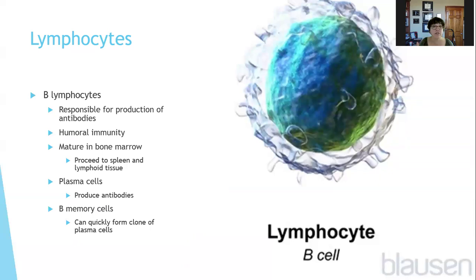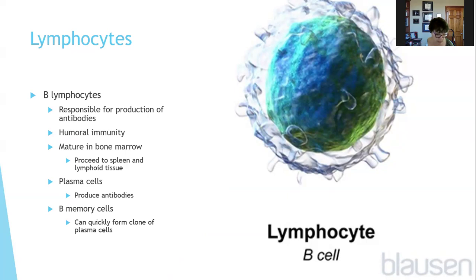Plasma cells are B cells that have been stimulated to produce antibodies, and B memory cells form a clone of themselves to create a plasma cell. After exposure to antigens, with the assistance of those helper T lymphocytes, they become those antibody-producing plasma cells.